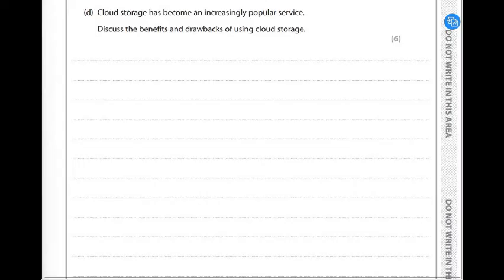But the problems are, and this is why some documents you should keep offline, like your private stuff, like your bank statements and all that stuff. Increased security risks incurred from outsourcing any service. If you don't have a network, you can't use the cloud service. So if you've got no internet connection, you can't use the service.